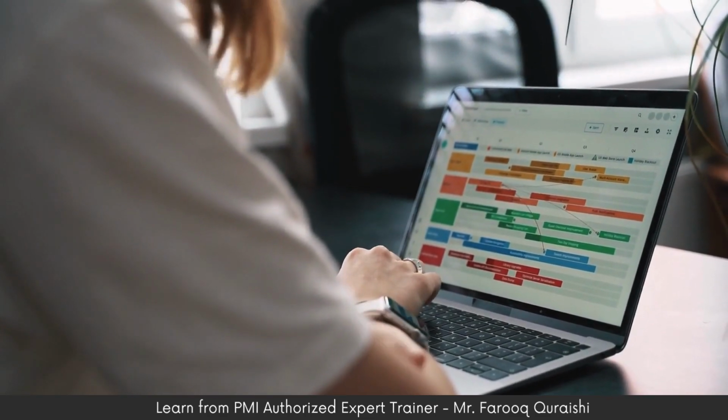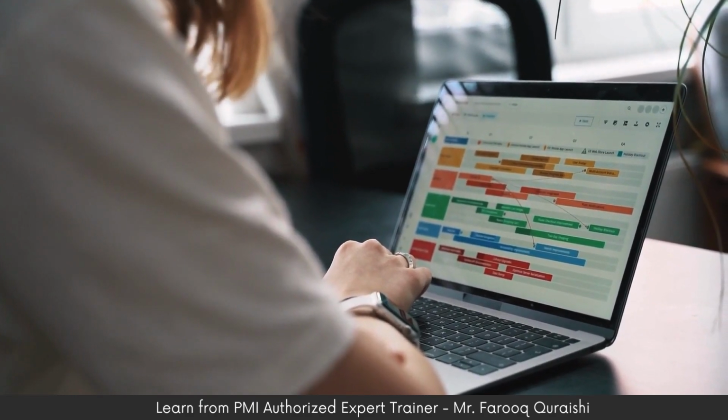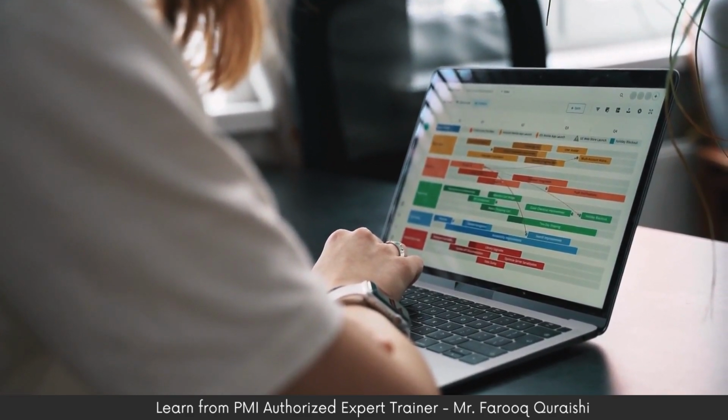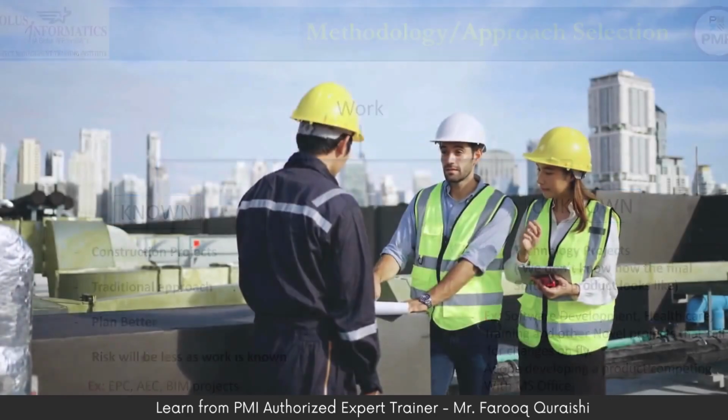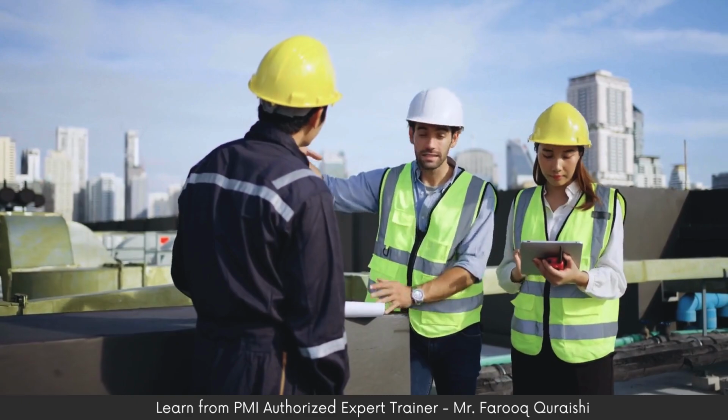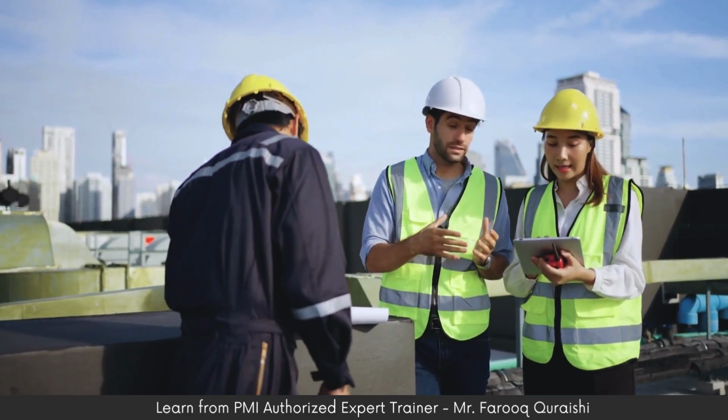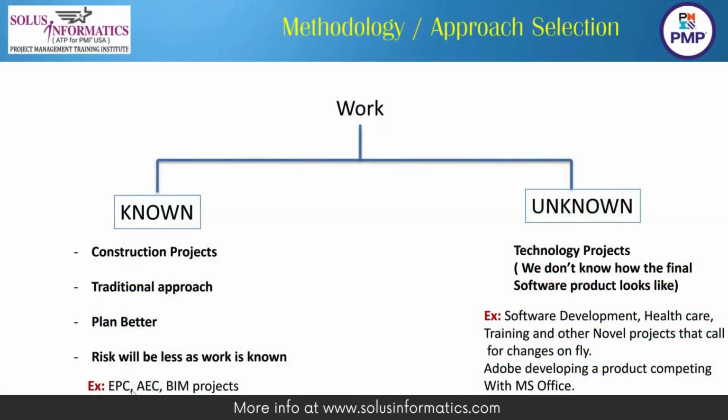So what methodology you should be using also depends upon the nature of work in the project. If the work is the known kind of work, like your typical construction projects, an example would be your architectural engineering construction AEC projects, your EPC projects, your engineering procurement and construction projects.